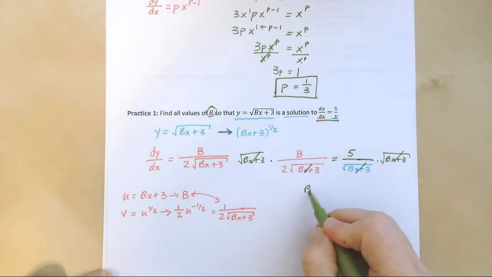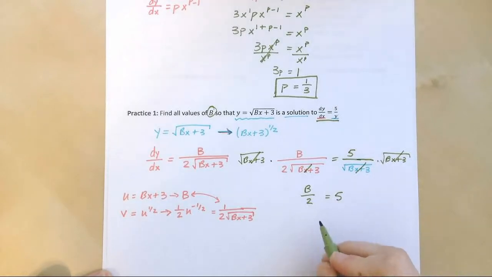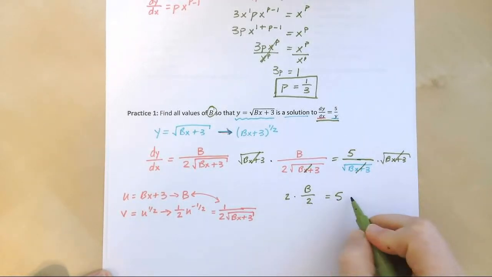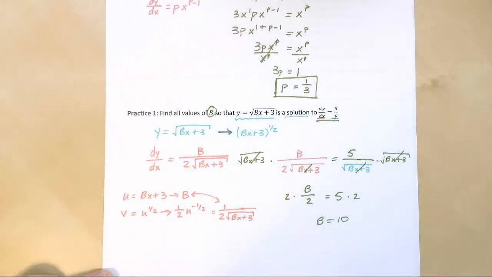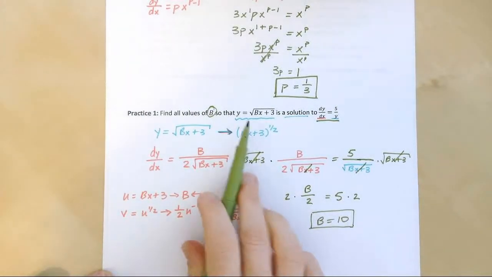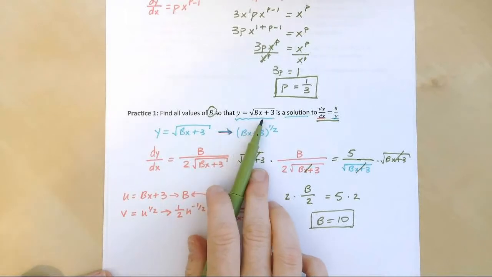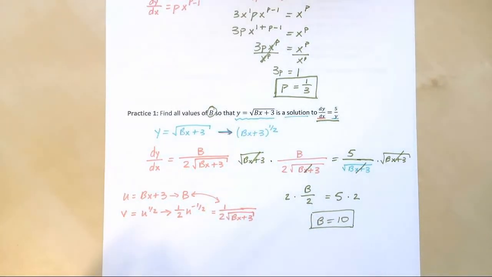So you get b over 2 equals 5. And then multiply 2 on both sides, times 2 times 2, b equals 10. And that's it. We found the b that makes y equals the square root of bx plus 3 a solution to this differential equation. All right, cool.